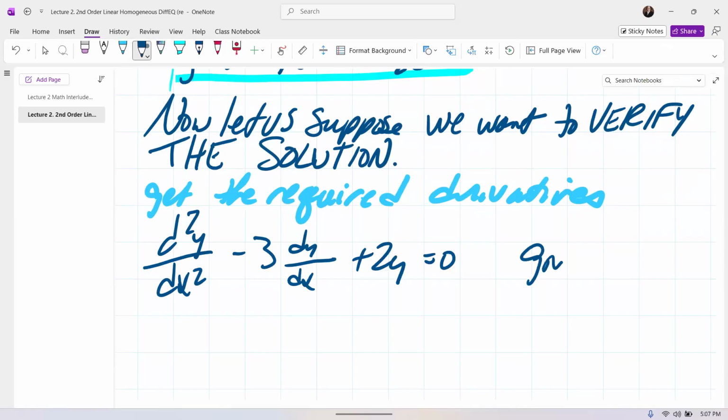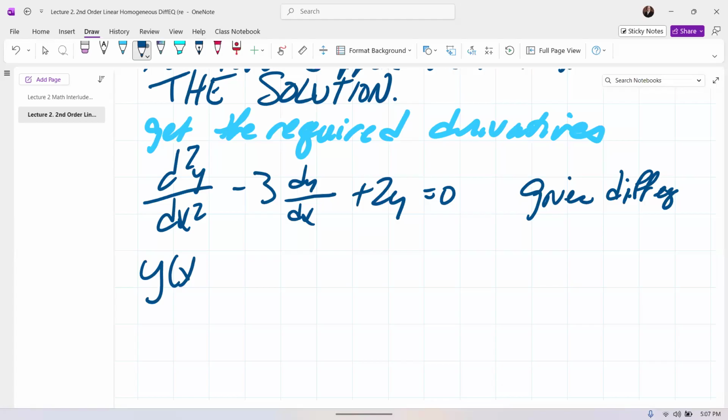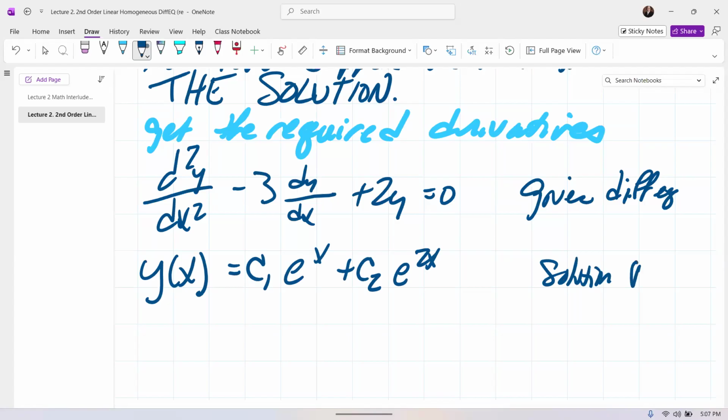This is the given DiffEq. Now, we're going to get the required derivatives. Here is our equation. Y of x equals c1 e to the x plus c2 e to the 2x. This is the solution from above.